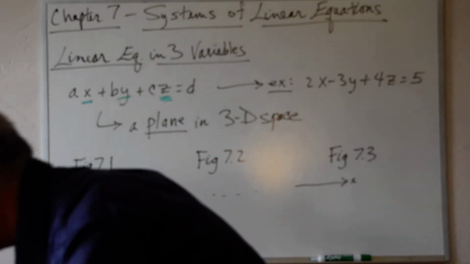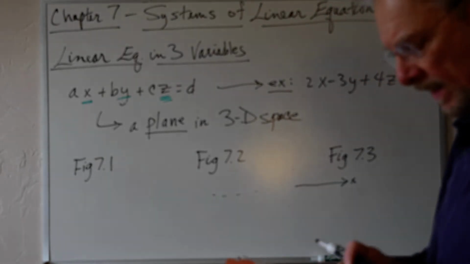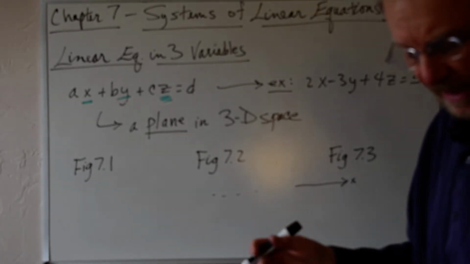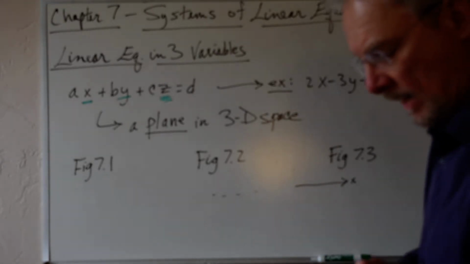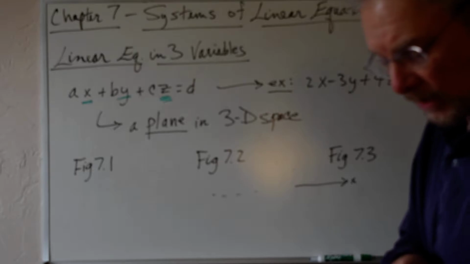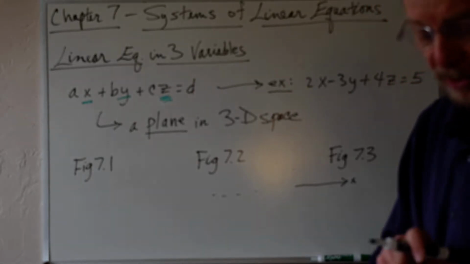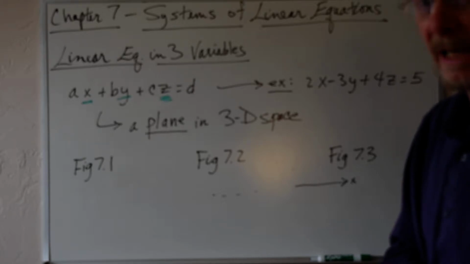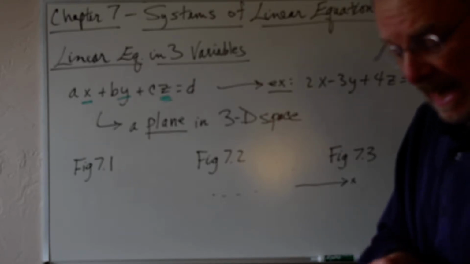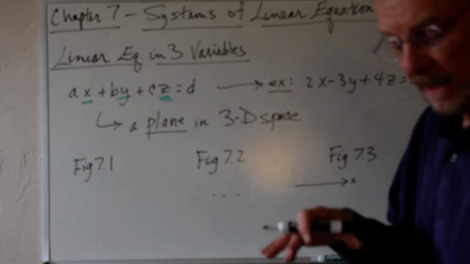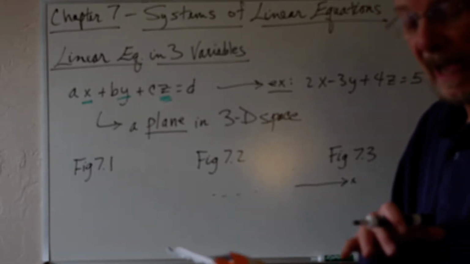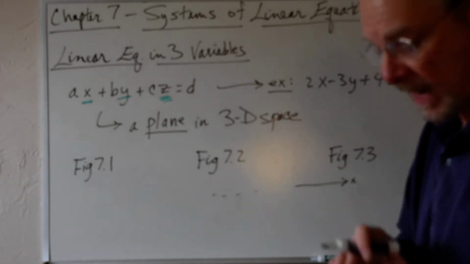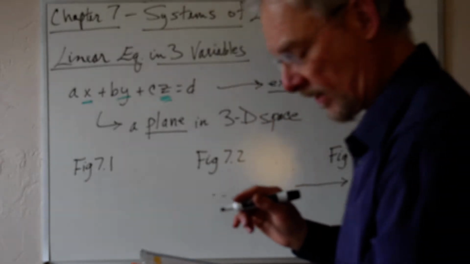So looking at the picture in 7.1, you see that if the planes are not parallel, then they're going to intersect each other. And actually, if you look and you see where the green plane intersects with the purple plane, the intersection of 2 planes is a line. And then the blue plane goes through and hits those 2 planes, and it hits that line of intersection in one spot, so the final intersection there is a point.